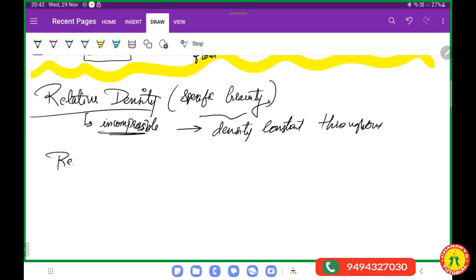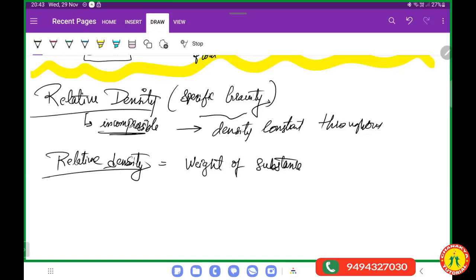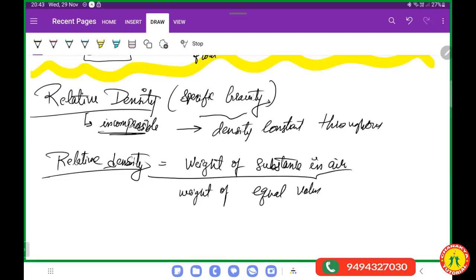So relative density is weight of substance in air divided by weight of an equal volume of water.